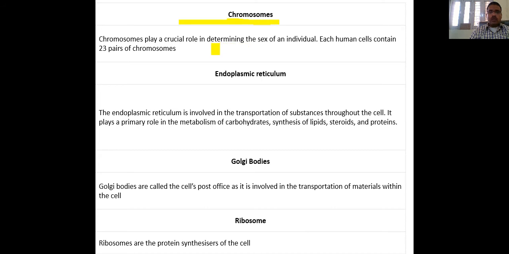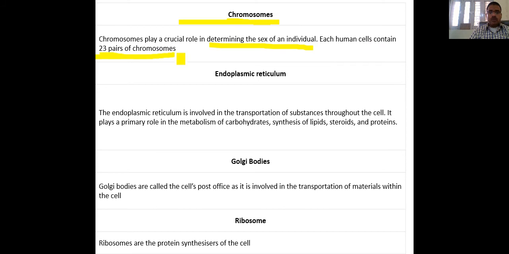That means whether the new generation will be girls or boys, male or female. That is the sex of an individual. Each human cell contains 23 pairs of chromosomes. These chromosomes are in the nuclear membrane.